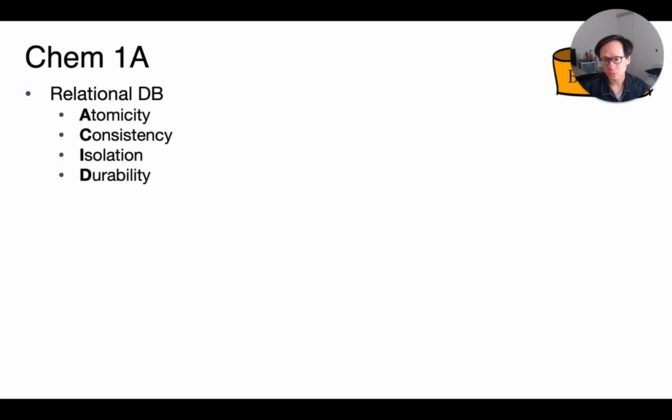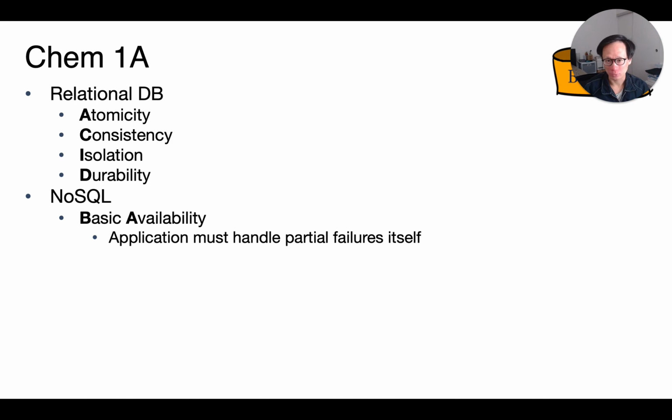In this class, we covered ACID earlier, and in NoSQL, there is actually a similar acronym that you might have learned back in Chem 1A. In NoSQL, we provide basic availability, where applications must handle failures and recovery themselves. So, no errors.